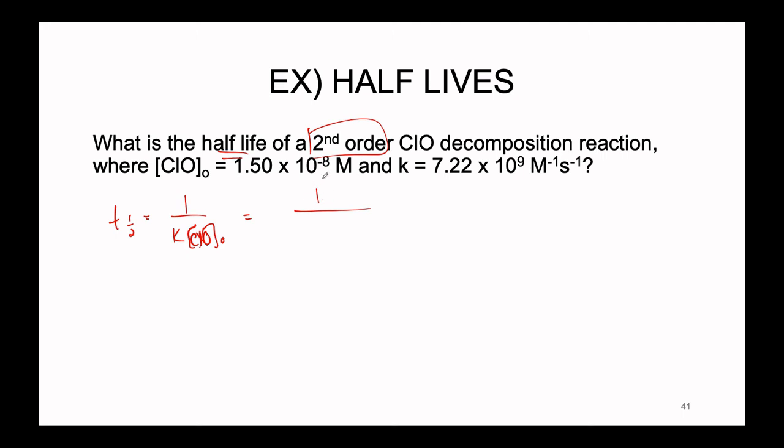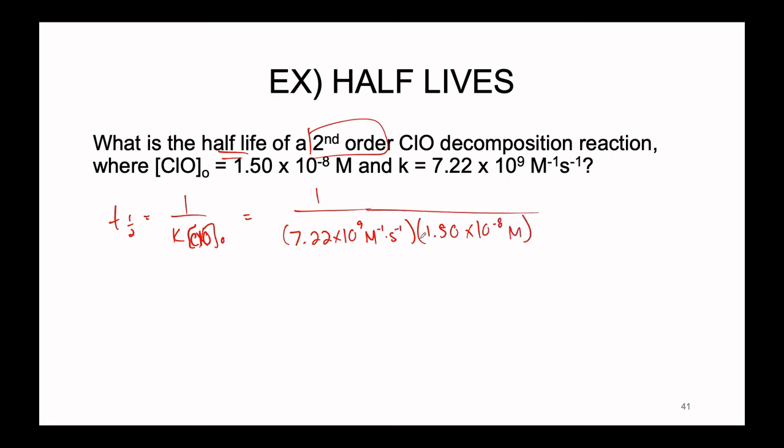Our K is going to go in for K, 7.22 times 10 to the 9 inverse molarity times inverse second. And that's going to be multiplied by the initial concentration of our chlorine monoxide, 1.50 times 10 to the negative 8 molar.